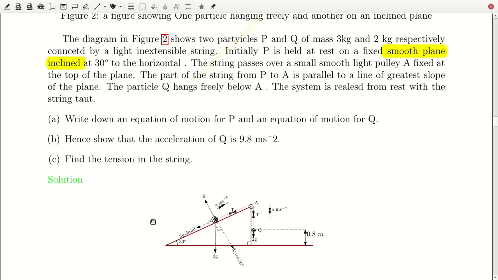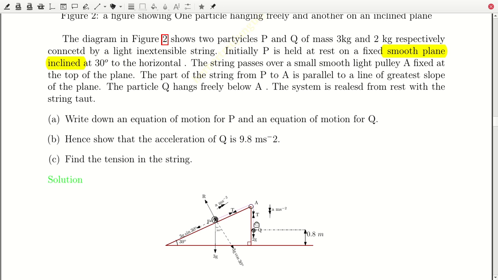For example, on this 3 kilogram mass, there is this force 3g sine 30 degrees, there is this other force 3g cos 30 degrees. These are the two components of the weight of this particle. Then we shall assume the tension in the string is T. I think they should have told us that the string is inextensible, so that we ignore the elasticity.